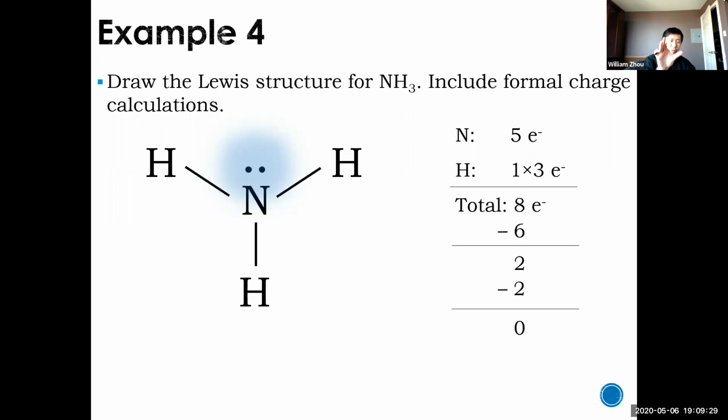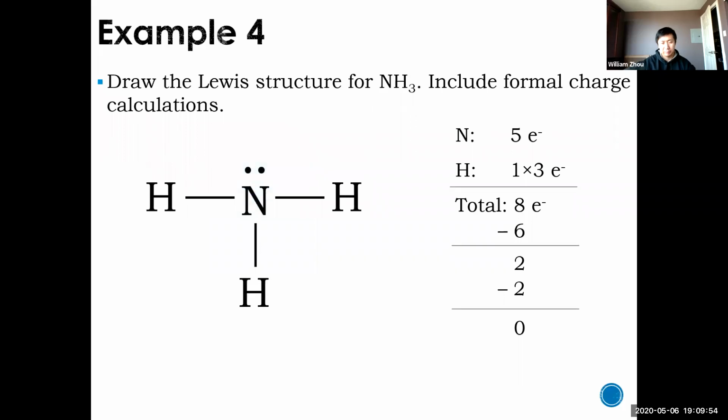I drew the 3 hydrogens in a triangle without the foresight that I would add 2 more electrons to the nitrogen. But now I added 2 electrons, I must move those 2 bonds. So there will be a repulsive force that pushes those 2 bonds down to something like this.